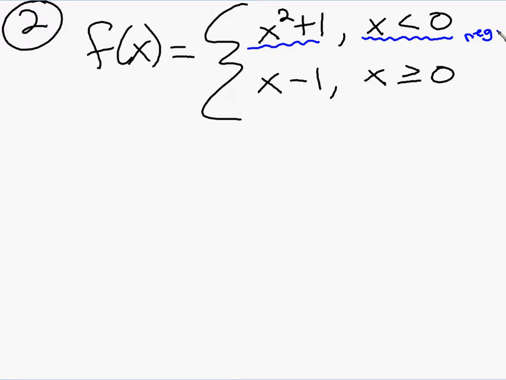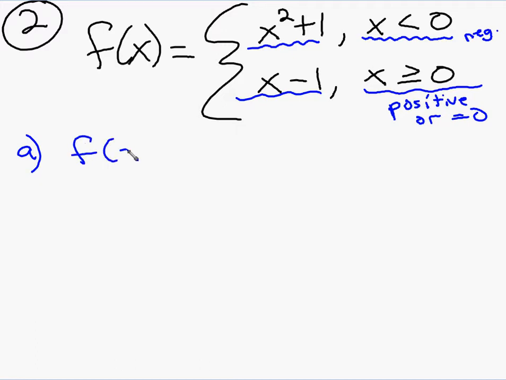Okay, so when x is negative, you use x squared plus 1. When x is positive or equal to 0, I use this function. Okay, so it's defined in two pieces, and we're actually going to learn how to graph these and everything. But for right now, you just need to know how to plug in values. So what if they said, find f of negative 2?